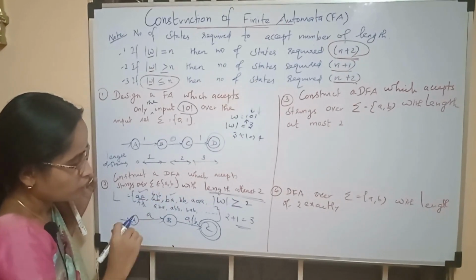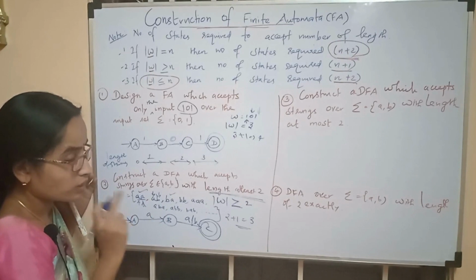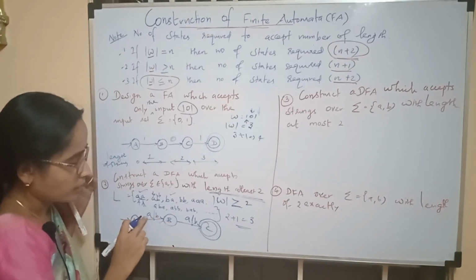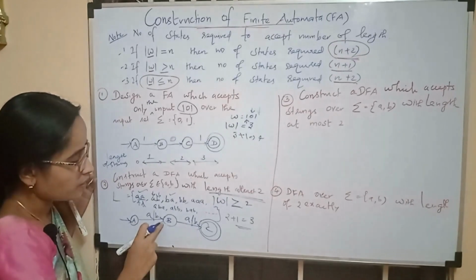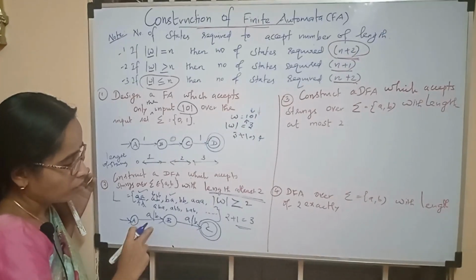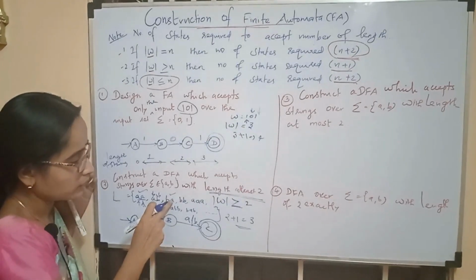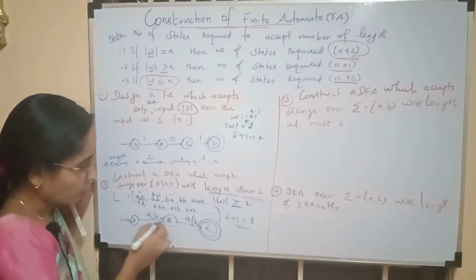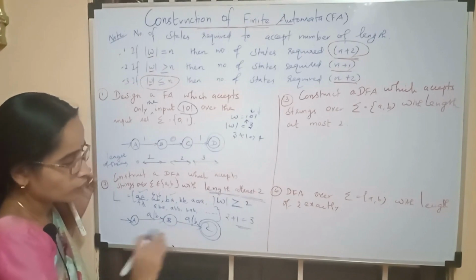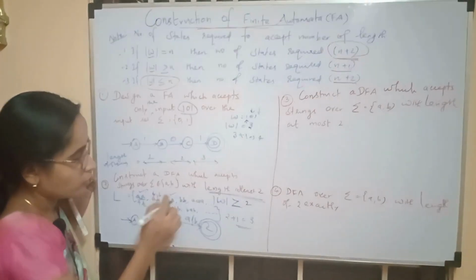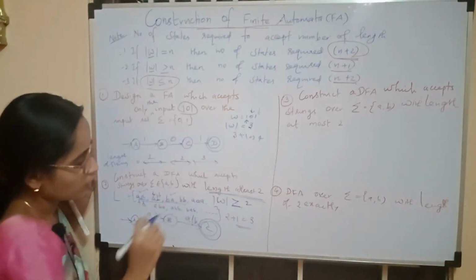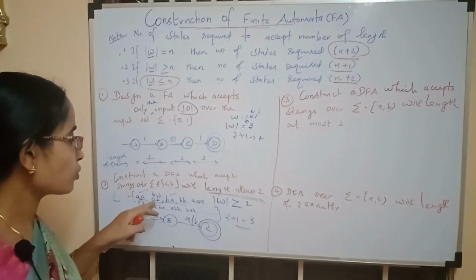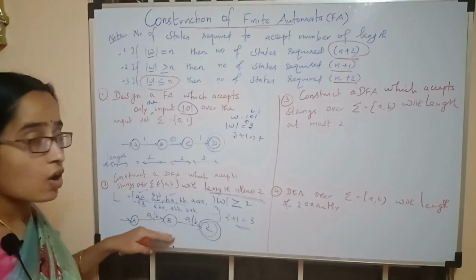Next, B: first it should read the symbol B, then either A or B. When I have B, I come to the next state, and when I see A, I go to the final state, and then BB is also finished here. So these 4 strings will be accepted by this automata.